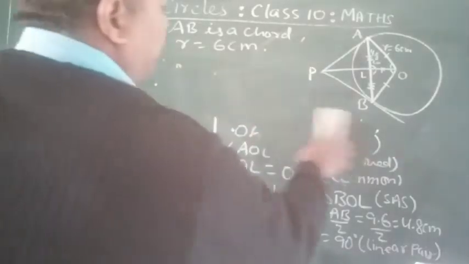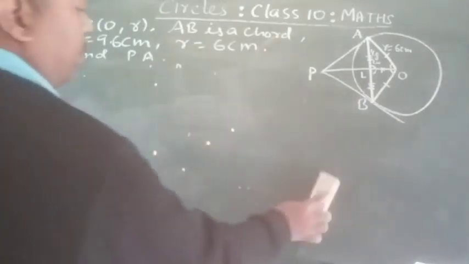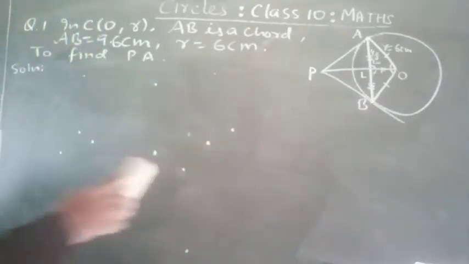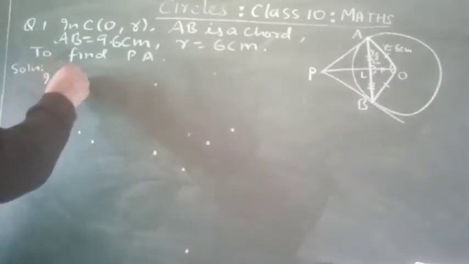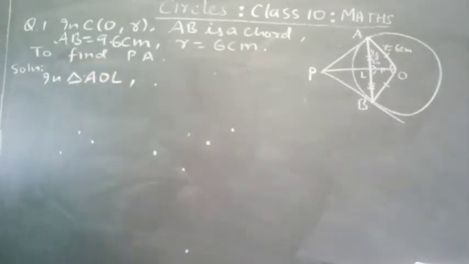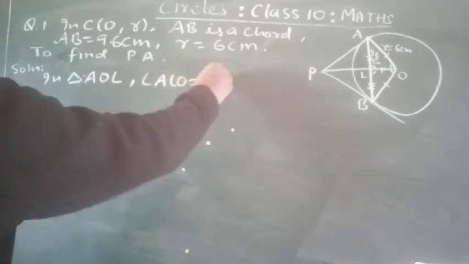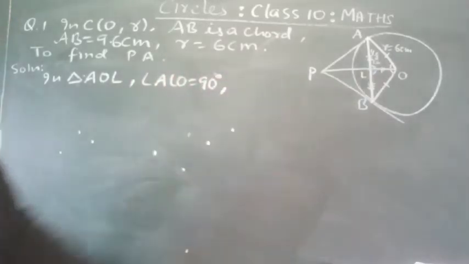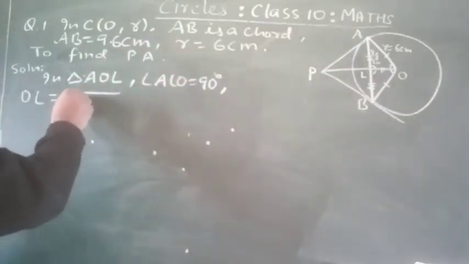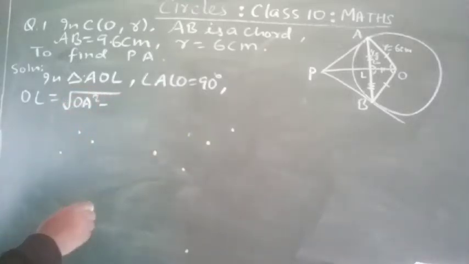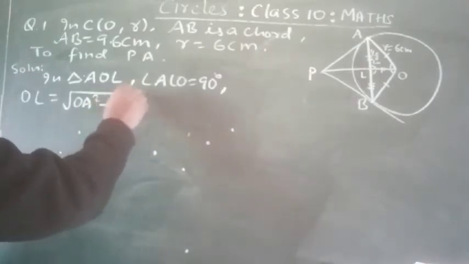Look at this. There is a calculation part remaining. Now, in triangle AOL, angle ALO is 90 degree. We have to find the OL. OL equal to under root OA square minus AL square.